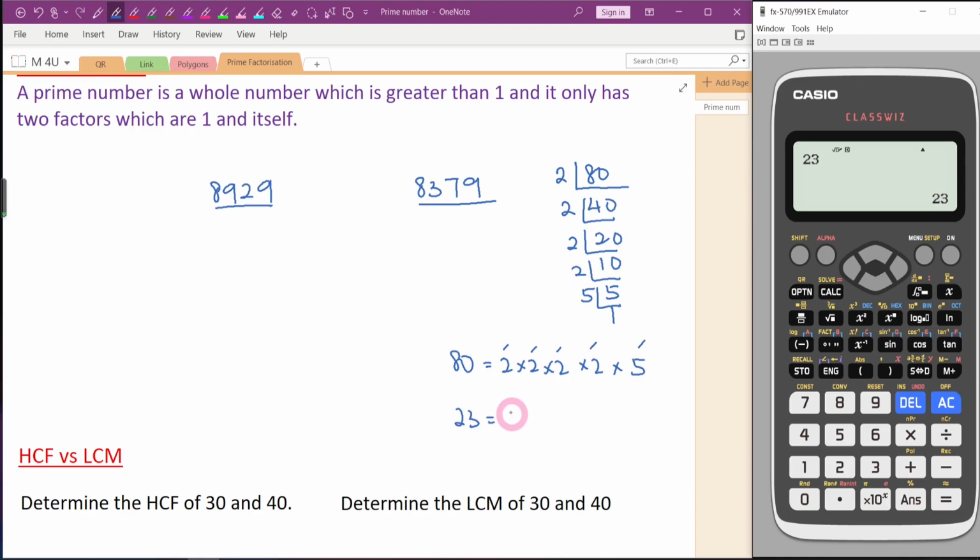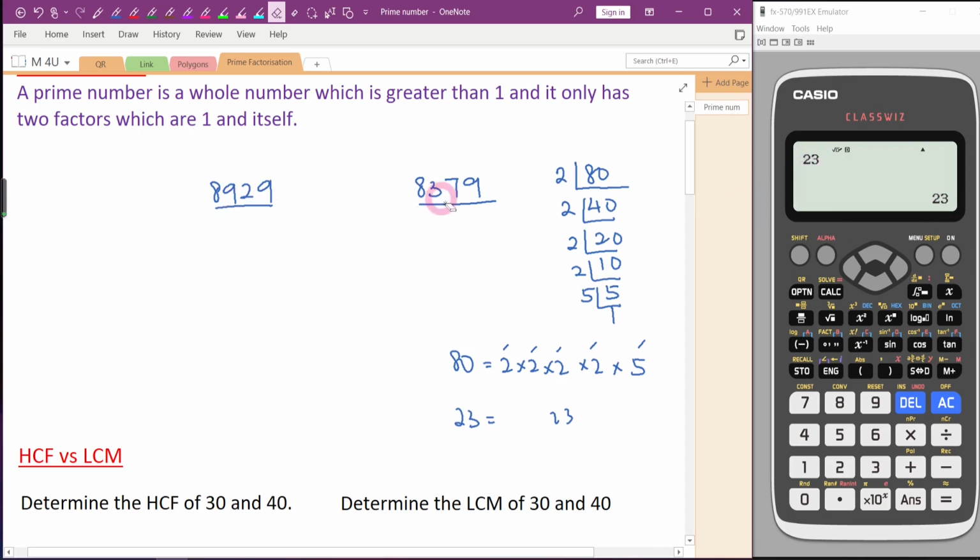We cannot say 1 times 23 because 1 is not a prime number, so the calculator will not show you 1 times 23. So if after you press shift and prime factorization your calculator doesn't change the number form, just gives you back the original number, then the number is a prime number.